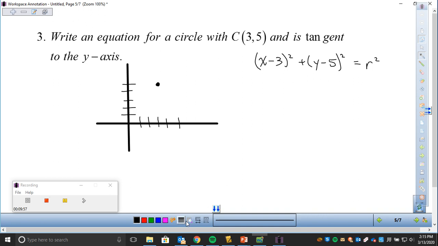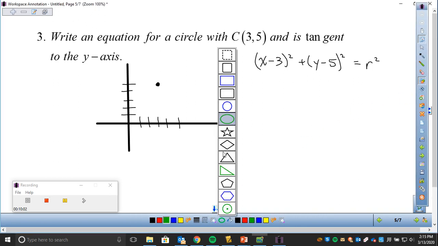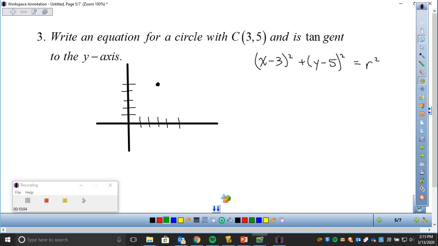If you remember from geometry, a tangent line is tangent to a circle if it touches exactly one spot. So here's our center, and I'm going to make our circle, tangent to the y-axis right here.